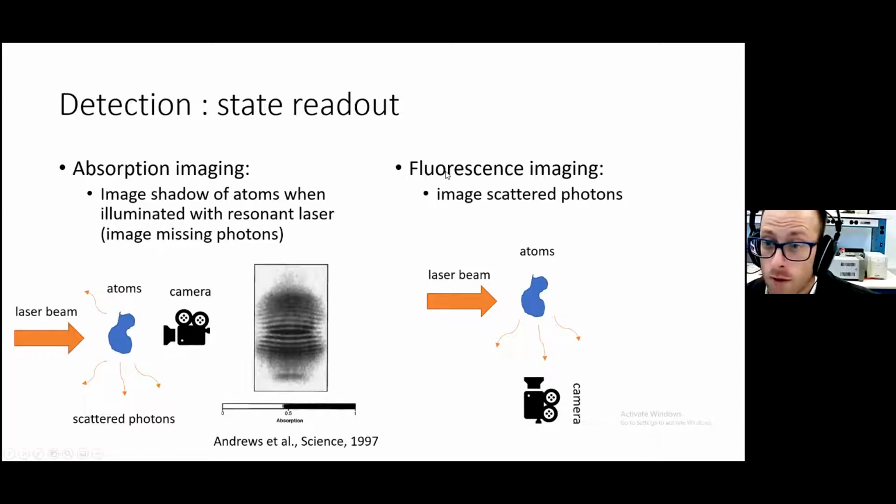And finally, you also have a very sensitive technique called fluorescence imaging, which works similarly, except here we measure the scattered photons instead of just their shadow. Yeah, so that's it. I think I covered a few aspects related to the hardware of cold atoms.